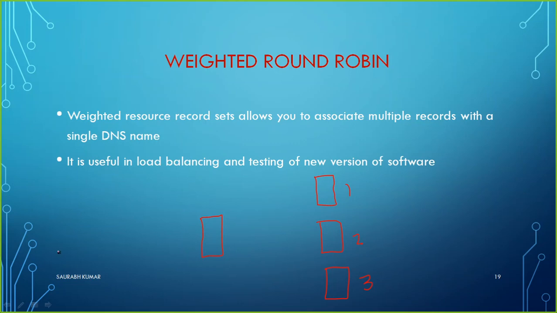Somebody requests www.saipali.com, and the request comes here. If round robin is working in this DNS, it will send the first query to the first one. If another request comes, the second request will go to this one. The third request will go to the third one. If the fourth request comes, it will go to the first one.